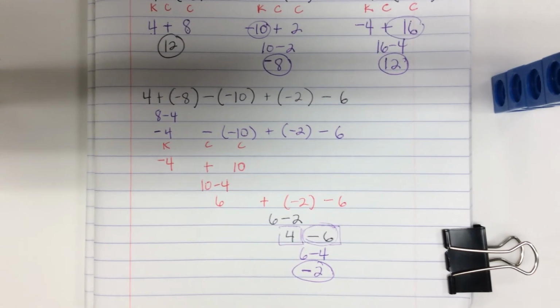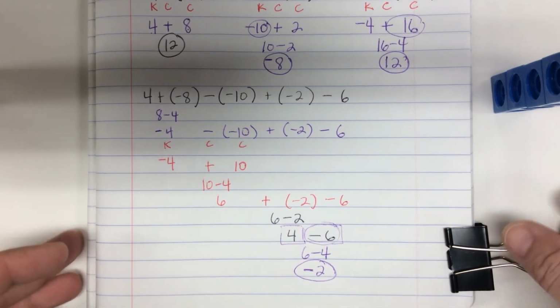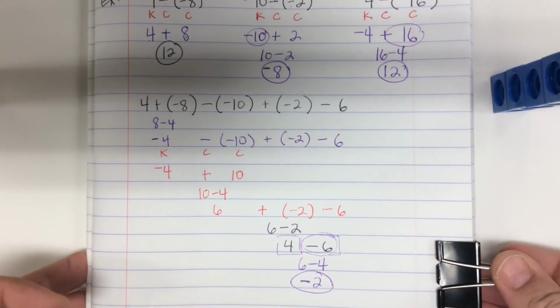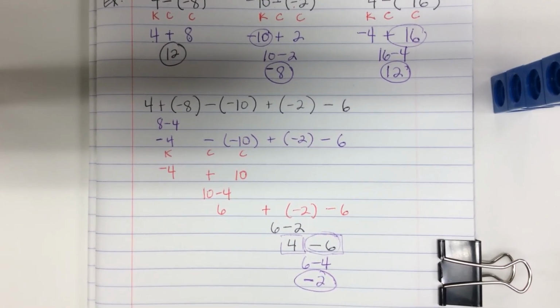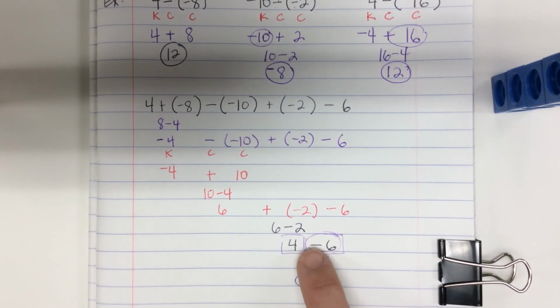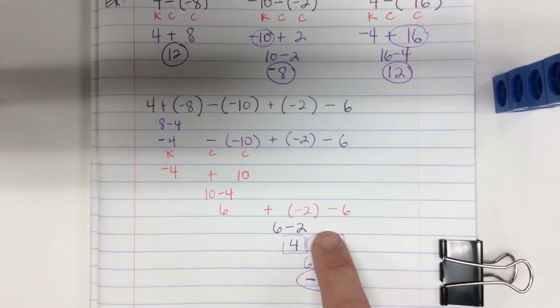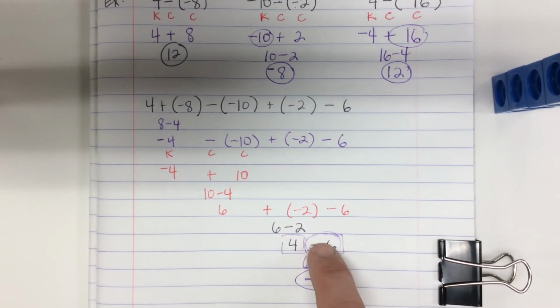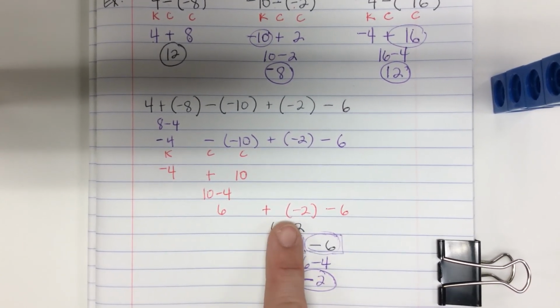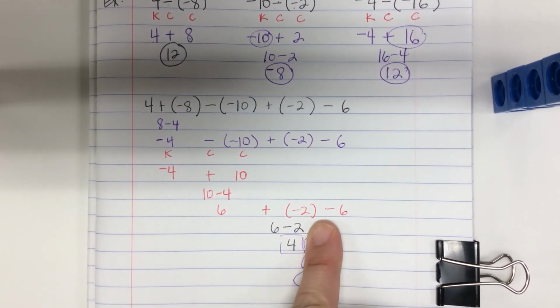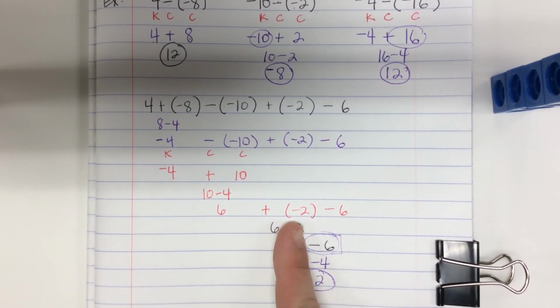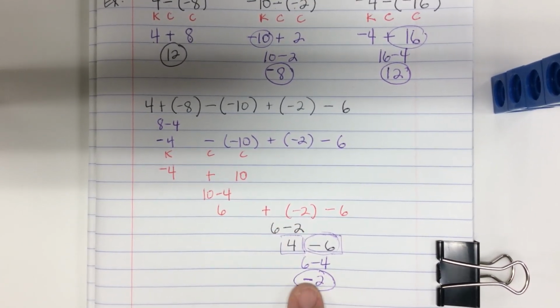So it's negative. Because it's minus 6, that minus belongs to the 6, so it's a negative 6, and this is positive 4. If I just removed that, it'd be negative 6. If I just removed that, it would be positive 4. So negative 6 has a greater absolute value. So the answer is negative.